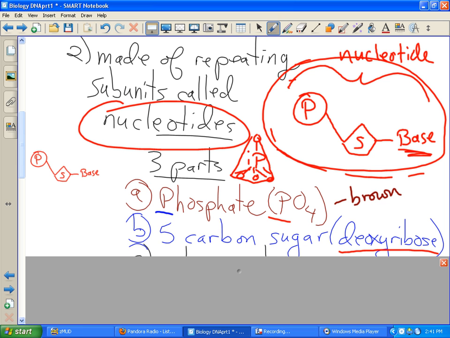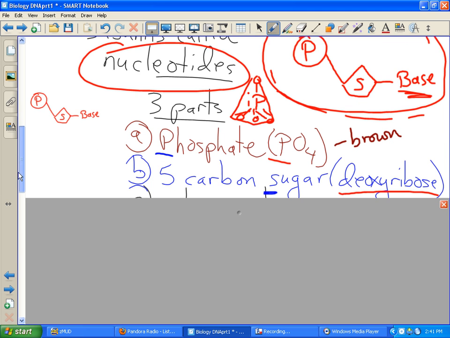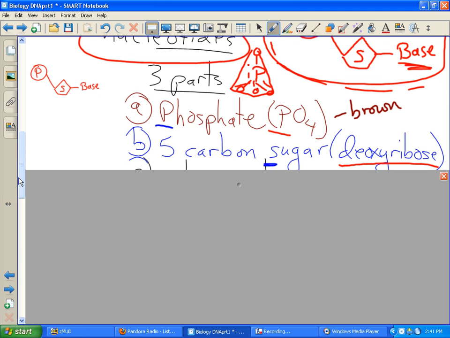The S stands for sugar. This is a monosaccharide, or a pentose, because it has 5 carbons. And you should know the name of it. Deoxyribose is the sugar.